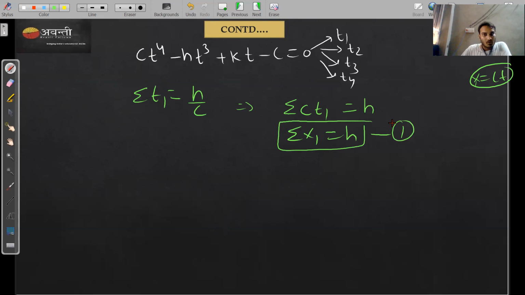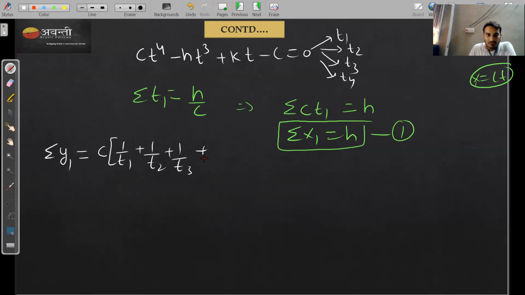Now I need y1 plus y2 plus y3 plus y4, because it is asking in the question. So what is the summation of y1? It is c times (1 by t1 plus 1 by t2 plus 1 by t3 plus 1 by t4), yes or no?